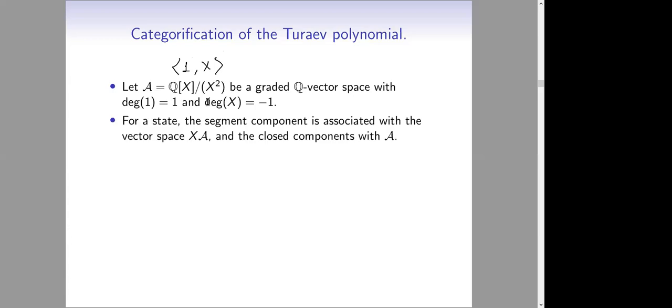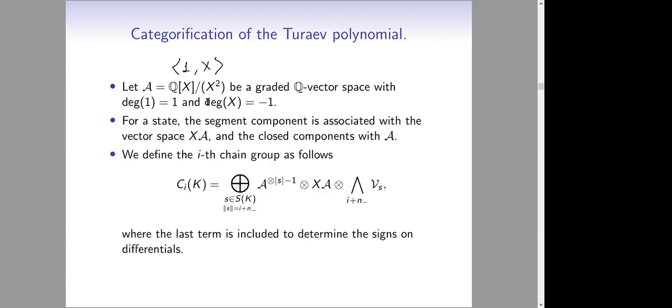The difference is that now we associate this vector space curly alpha to the closed components and x alpha to the segment components. I will again give an example of this for the bifoil case.